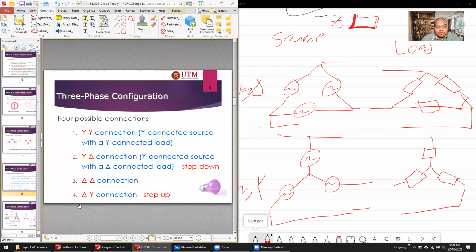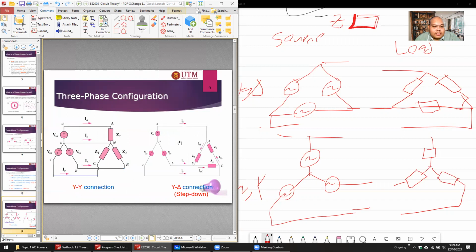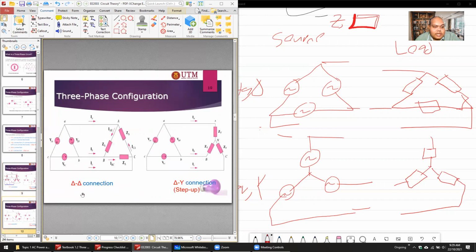Make sure you understand what is meant by delta-star, star-delta, delta-delta, star-star: which one is the source and which one is the load. This is the configuration.